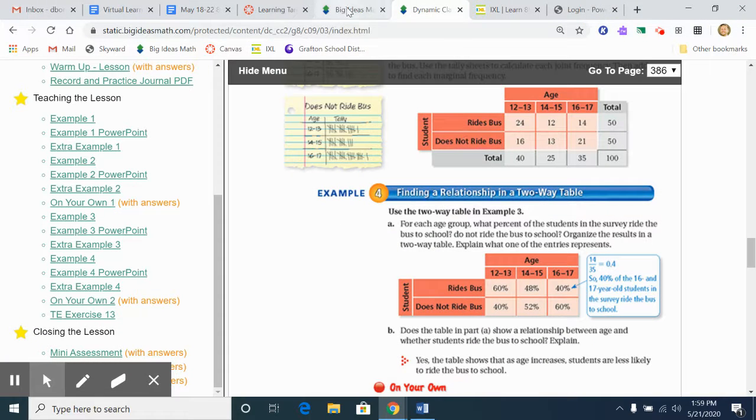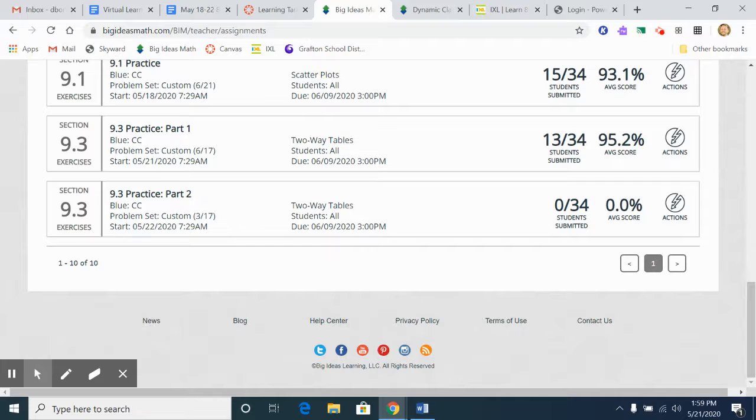You guys have 3 problems that you're completing today, where you're going to have to, again, use your skills from yesterday and combine them with today's skills. You're going to first have to make some of the two-way tables yourselves, based upon the data they give you. And then you're going to have to find those percentages like we did today in the lesson. You guys are going to go into big ideas and do this 9.3 practice part 2.